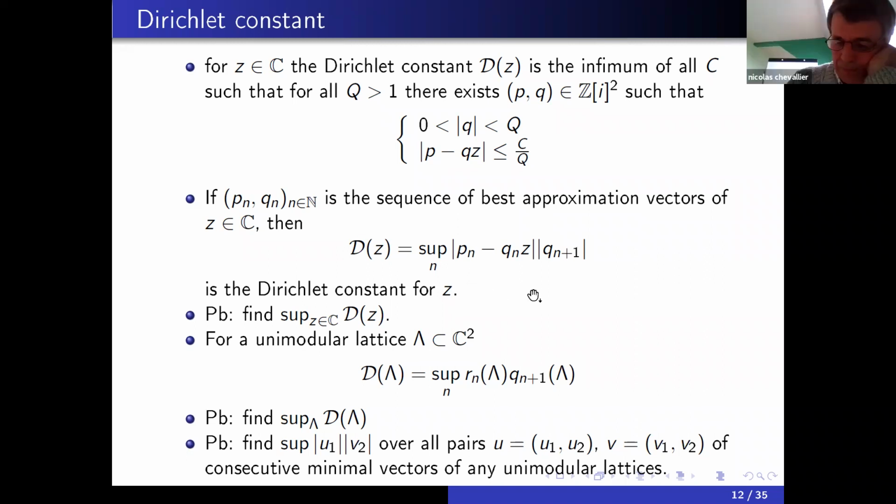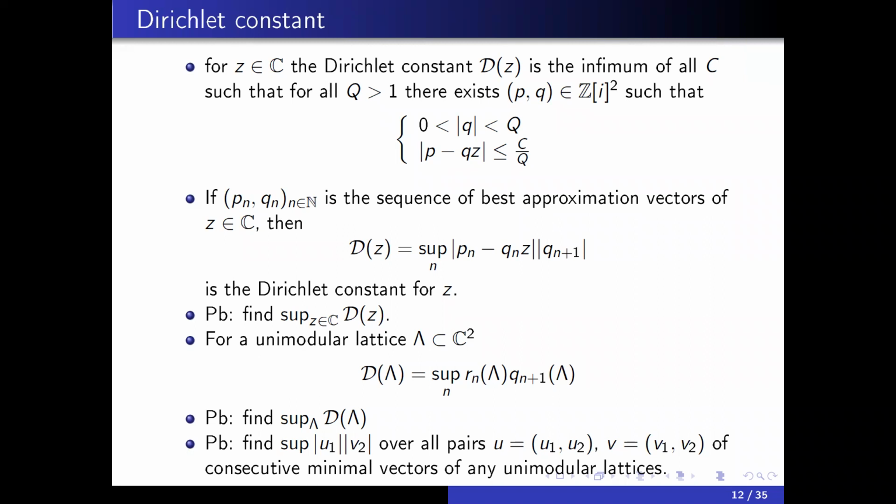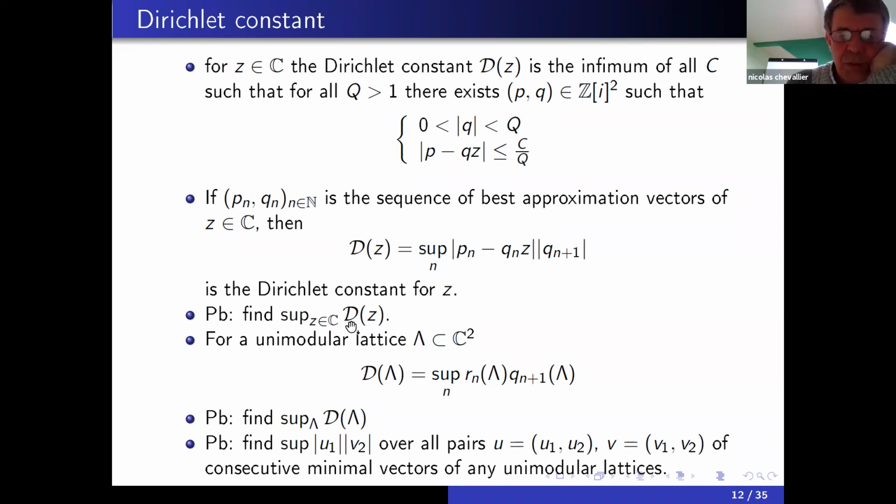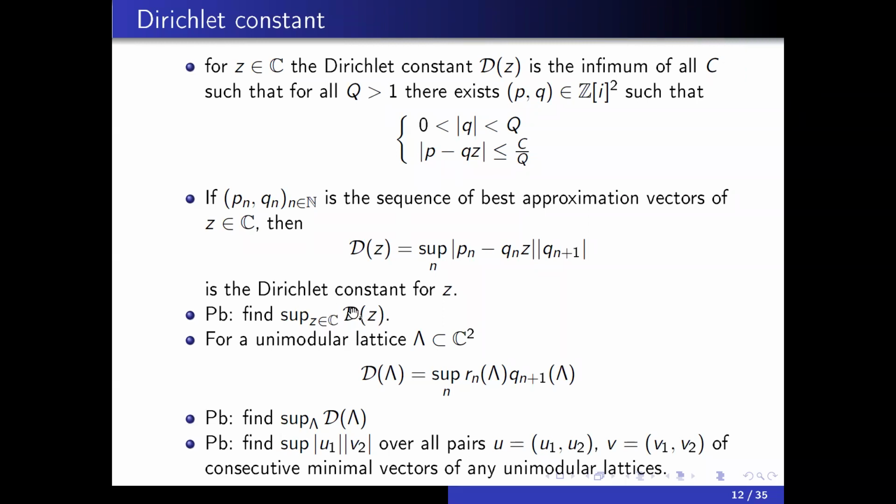So now you have three sups. The first two are equal. This sup here gives you D of Z, and then what we are looking for is this sup. But is this sup the same as the sup for lambda?